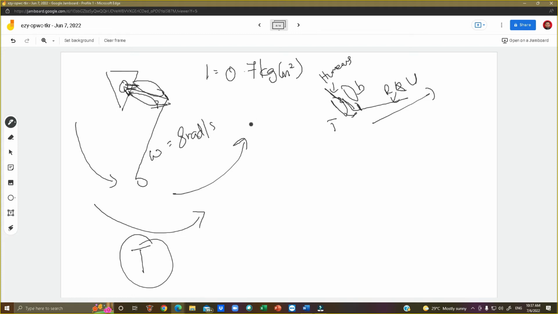Okay, now my question is, how much angular impulse needed in order to stop this swing? Means we are going to contract muscles and we are going to give a counter force in order to make 8 radian per second become 0 radian per second.